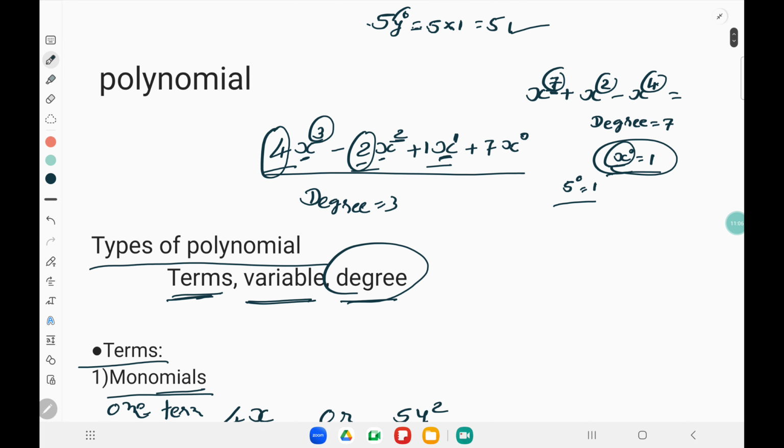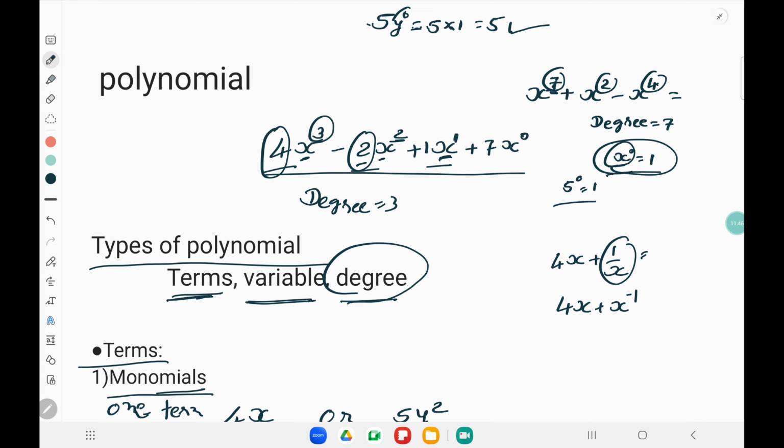Okay, here we learned about the polynomial types, and we are also seeing degree. But before that, I want to tell you one more small thing about polynomials: what we do not consider as a polynomial. Let's say 4x plus 1 over x. If I want to write this term in power form, I could write 4x plus x to the power of negative 1.